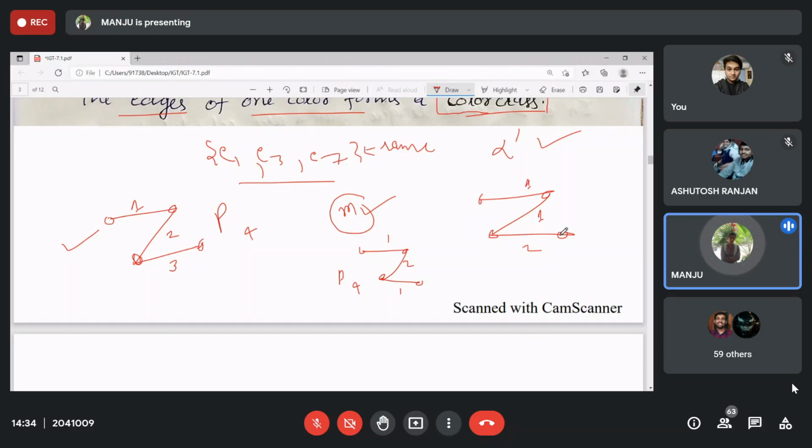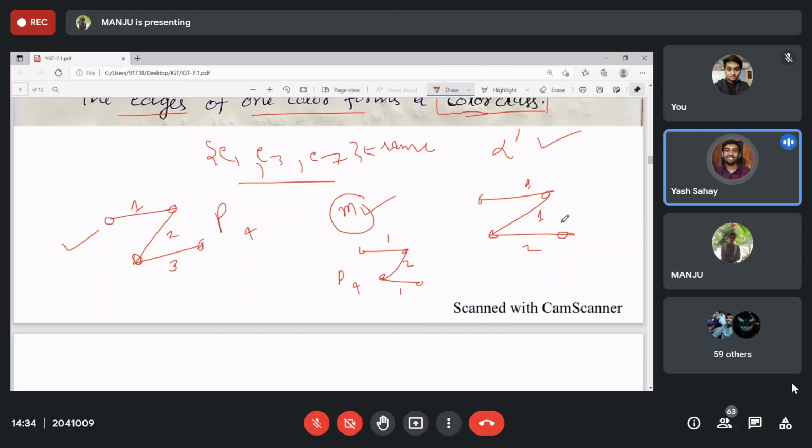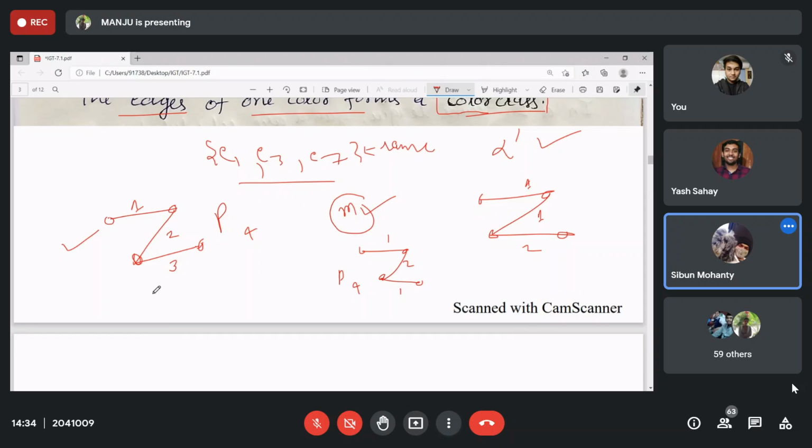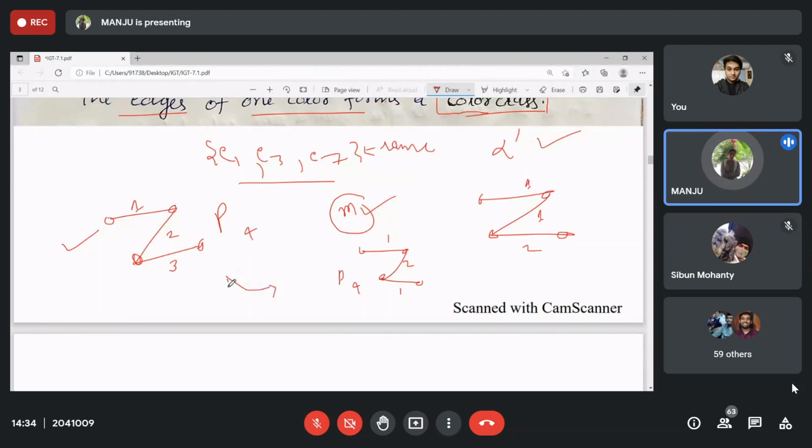I want to know which one is a proper edge coloring. Proper edge coloring means whenever two edges are adjacent or have a common vertex, they get different colors. Ma'am, both 1 and 2. Both 1 and 2. Yeah, these two are proper colorings, but this is not. This is an edge coloring, but not a proper edge coloring.